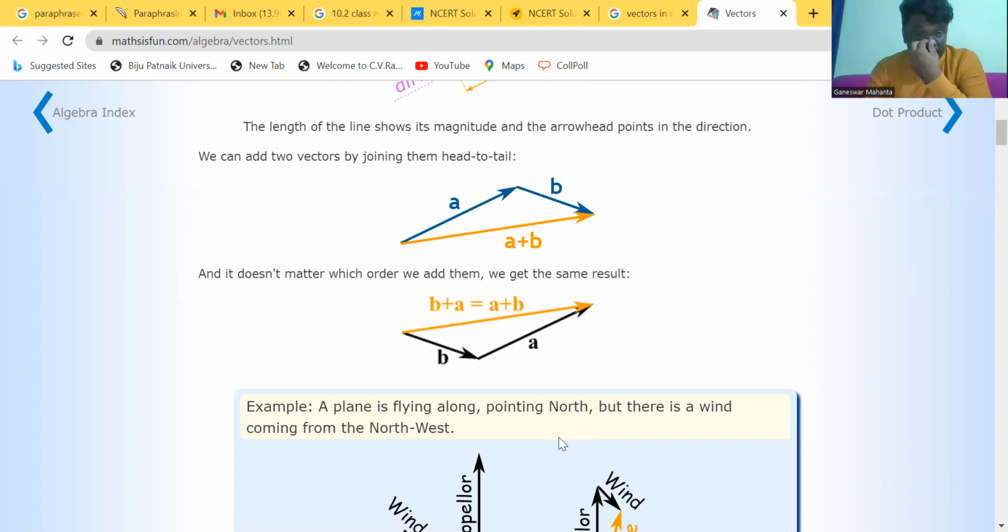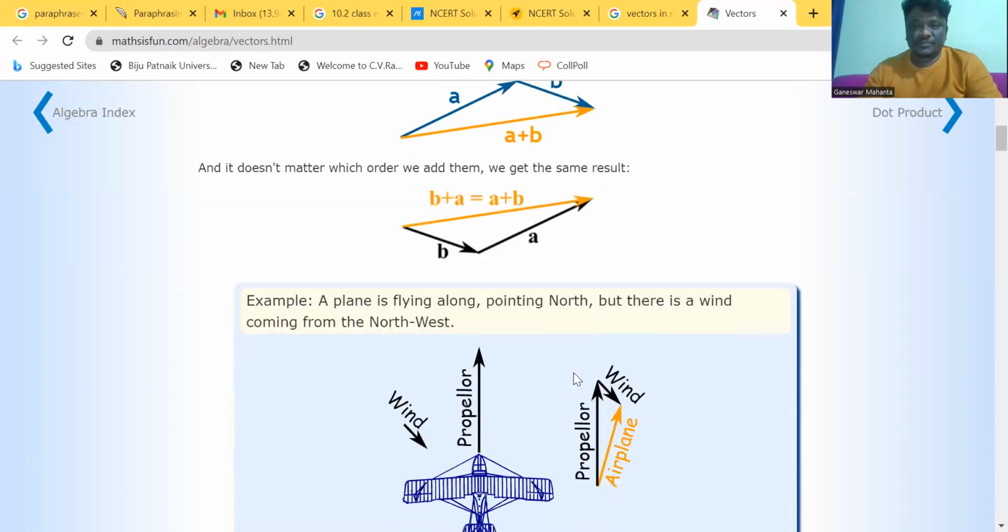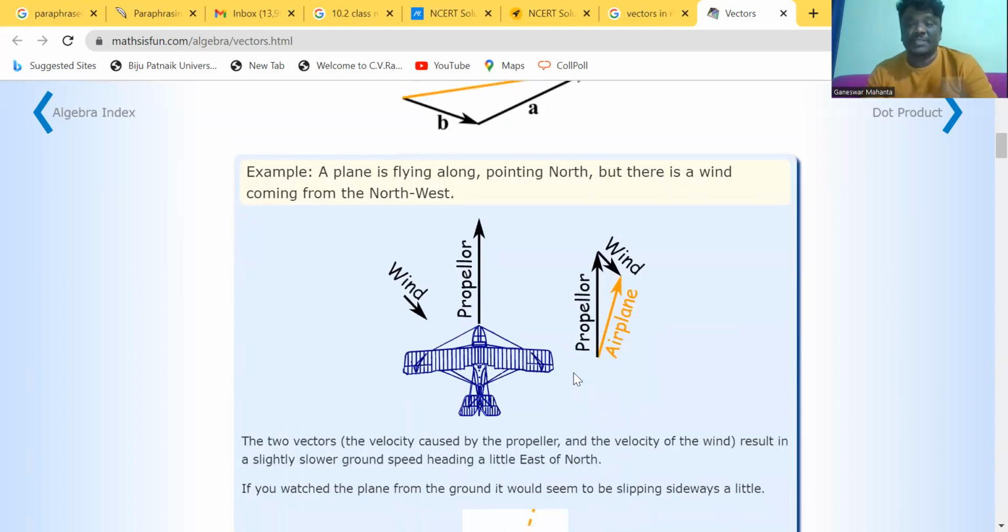For example, here is an application. A plane is flying along, pointing north, but there is a wind coming from the northwest. How is it applicable in reality, why do we study this? Because you can see this is a flight.